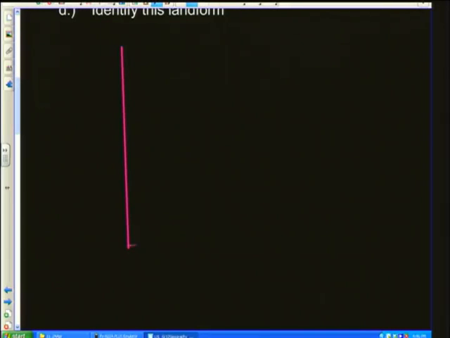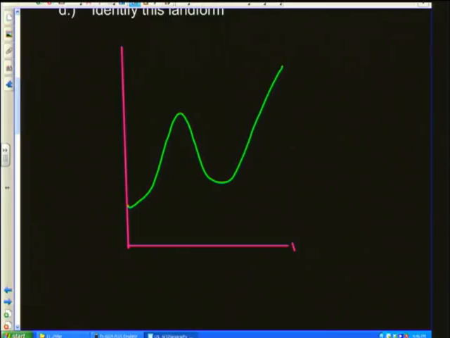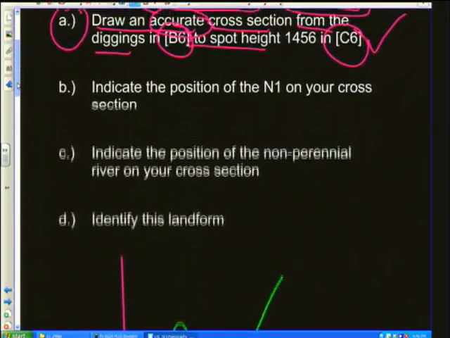And the y-axis and x-axis, okay? And the shape of our cross-section was as such. This is roughly the shape of the cross-section. Let's go back to the questions.